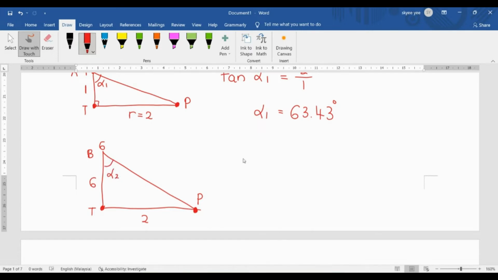Again, you can use a tangent, alpha 2, to find the angle: opposite over adjacent. So your alpha 2 could be 18.43.